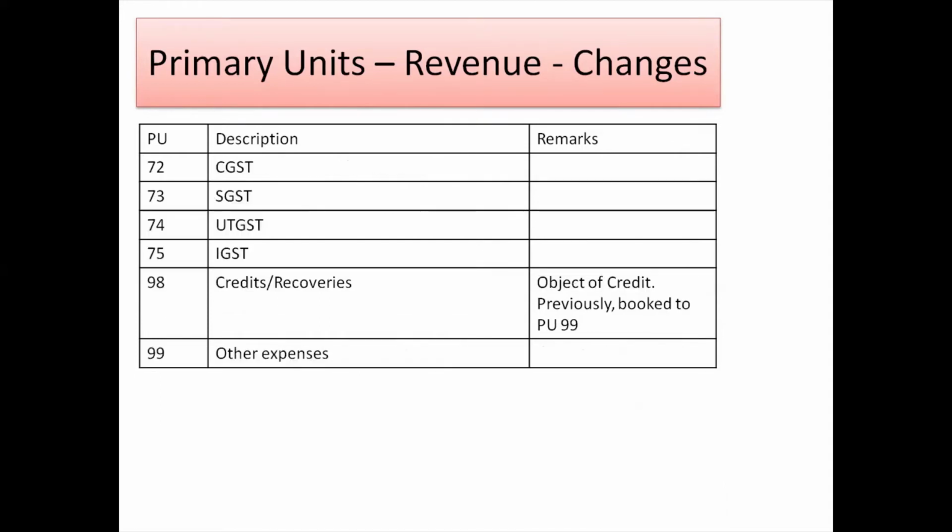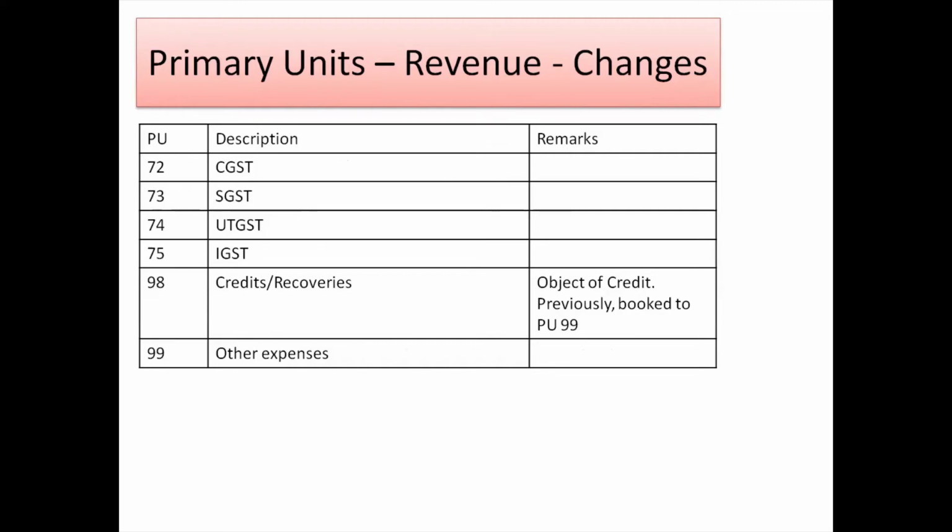And this is not important. This is a very, very important PU 98. All other primary units are called object of expenditure. PU 1 to 99, it is called object of expenditure. But PU 98 is the object of credit.